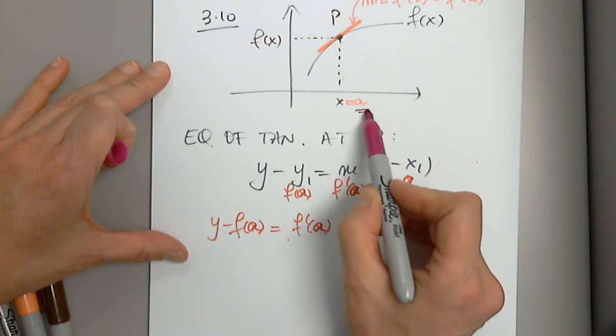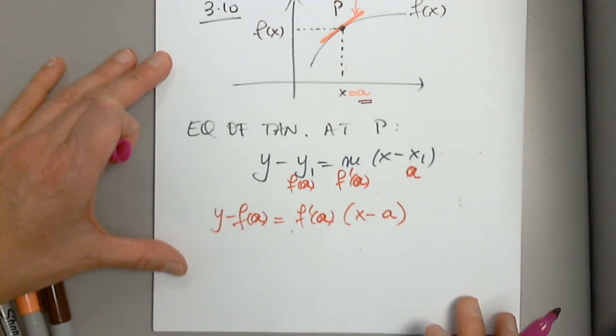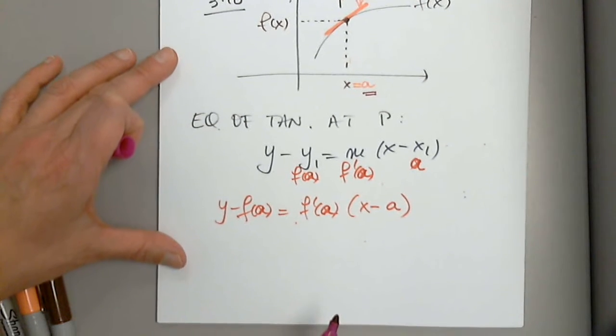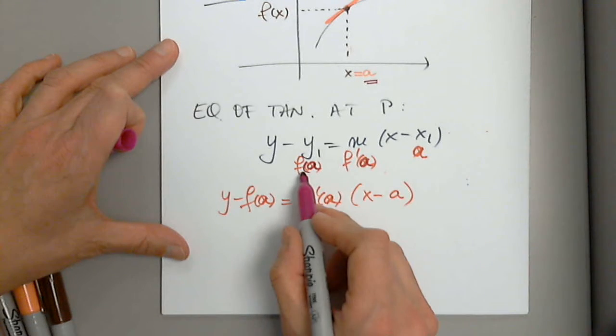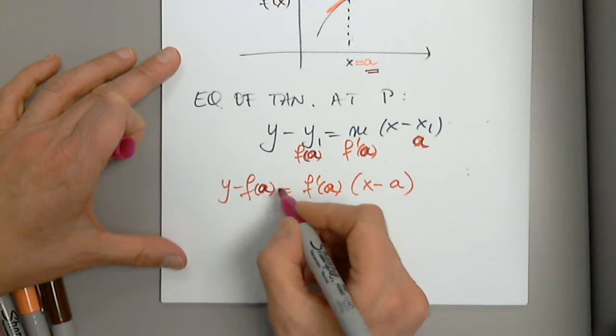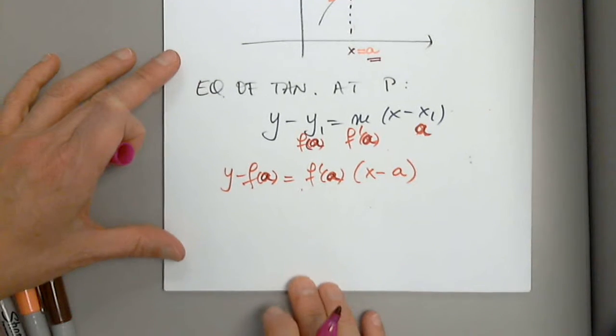We have to use a in this particular situation. We can write the linearization in a minute with both, but in this case, I'm running into x minus x. So this is f prime of a, this is f prime of a, this is f of a, and this is a. So then y minus f of a equals f prime of a times x minus a.